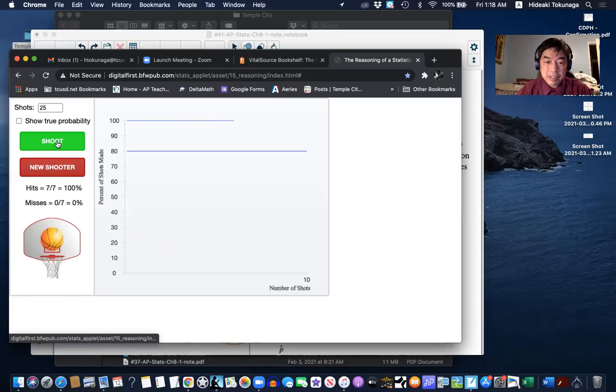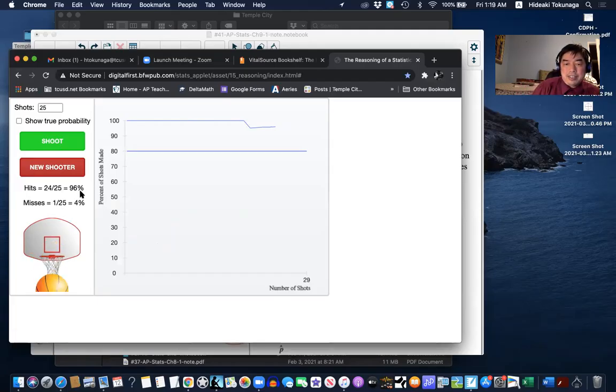Whoa, this is 100%. Look, this guy is really good. So it depends on the shooter. Okay, now this kid is 96% so far.